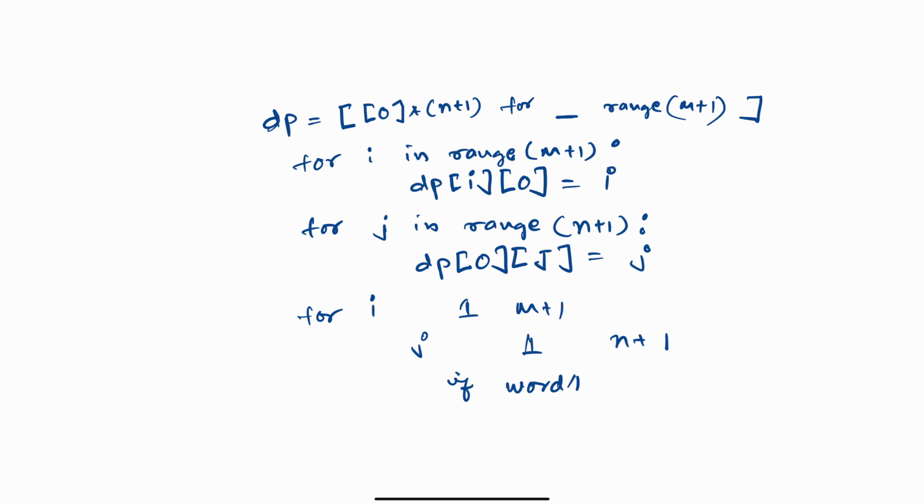if word1 of i minus 1 is matching with word2 of j minus 1, then as it is a copy, we have to copy dp of i and j by what values? dp of i minus 1, j minus 1.